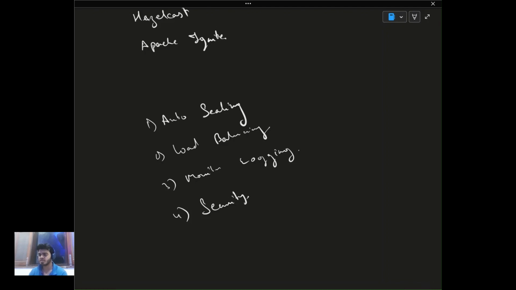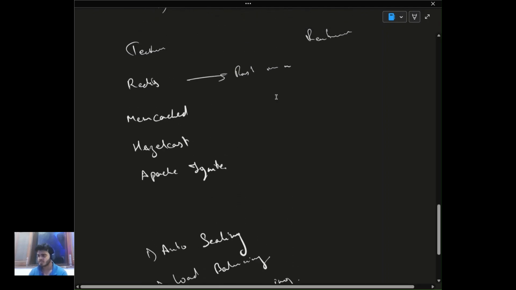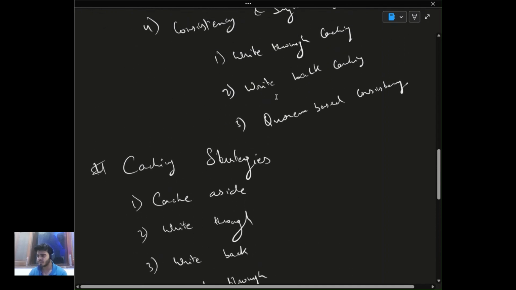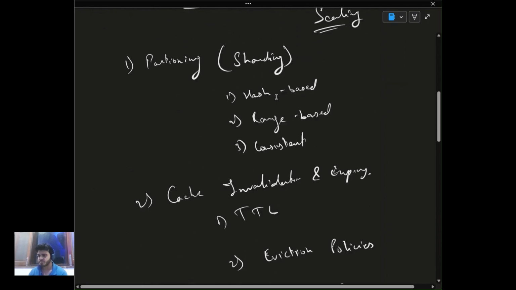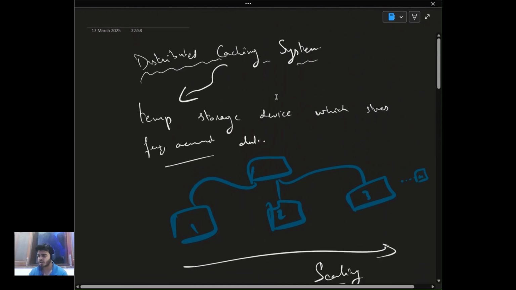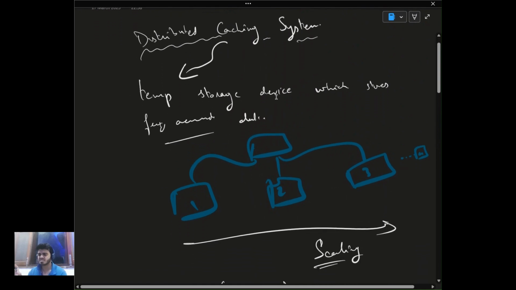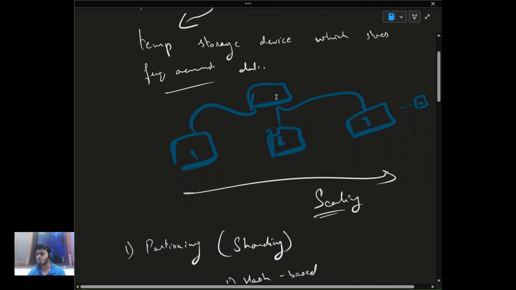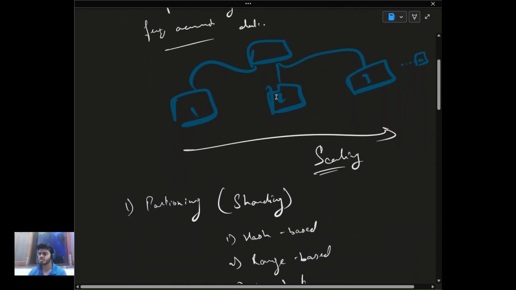Now let's conclude what we have done till now. It is a complete breakdown of how to design a distributed caching system, remembering that caching is a powerful tool to optimize performance and scale applications efficiently.